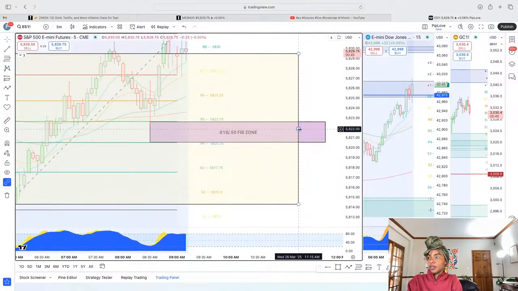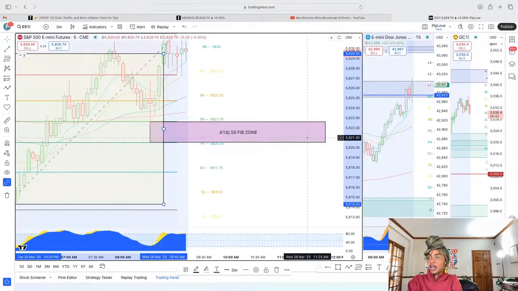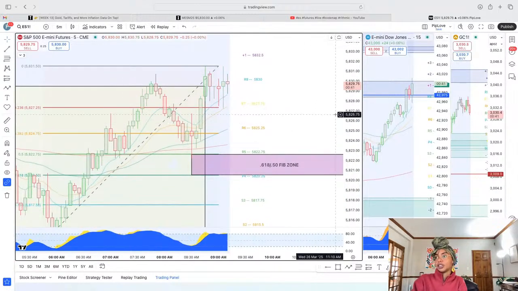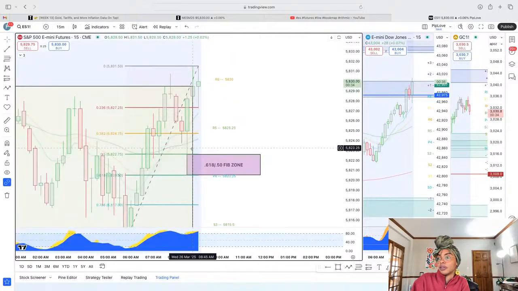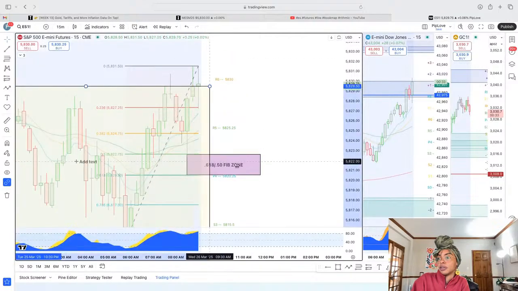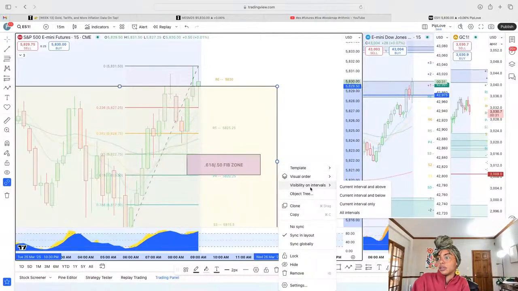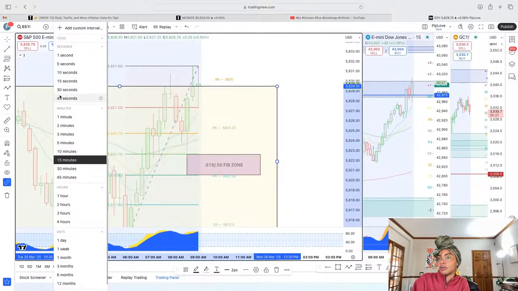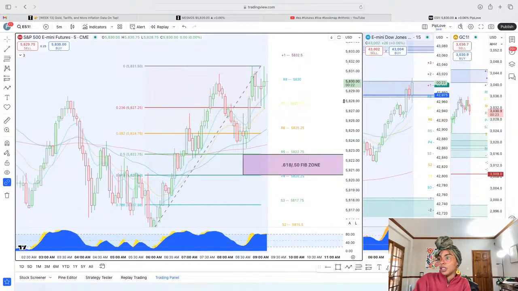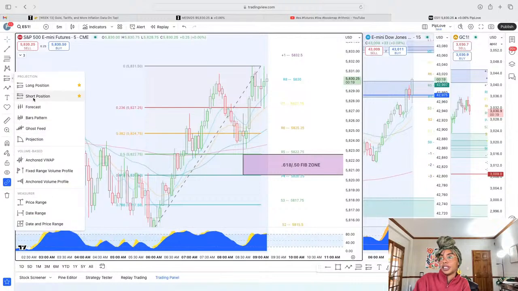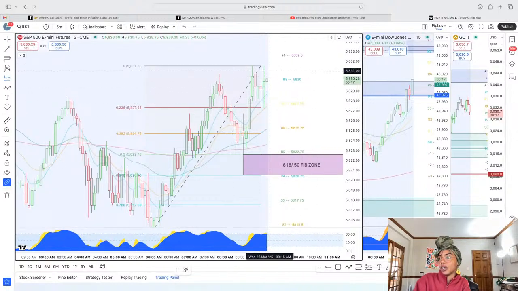Let me get rid of some of this color here. We have enough. Okay, so this was our box. Okay, so now once we see price break below this level, we are at the ultimate extremes.